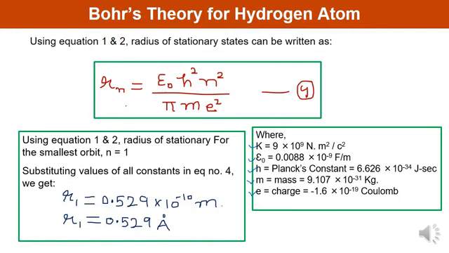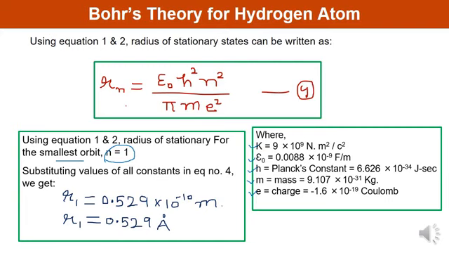n is equal to 1 is the case when you are calculating for the smallest orbit. So if you substitute n is equal to 1 and put in all the values of these constants, epsilon naught, h, m and e, then since n is 1, r1 will be equal to 0.529 into 10 raised to the power minus 10 meter, or you can write it as 0.529 Angstrom.